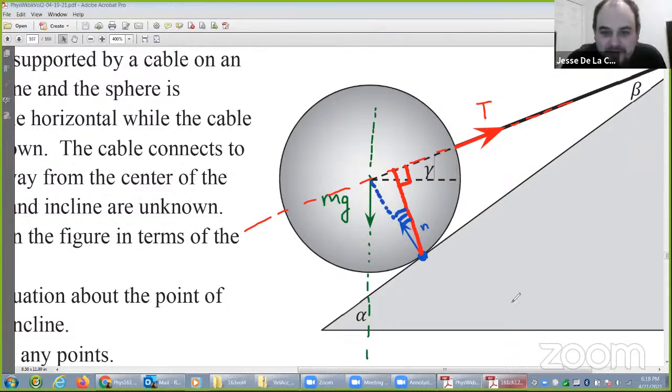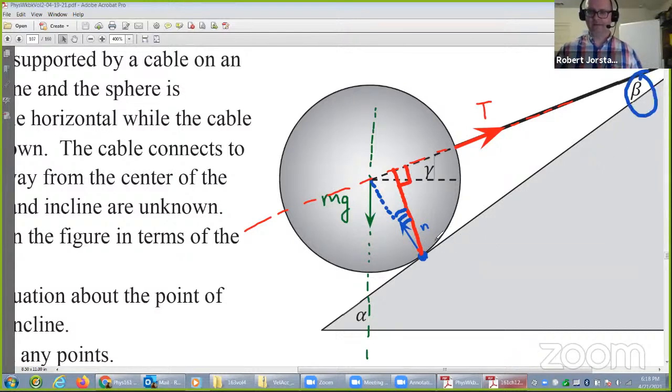That'd be the Y. I forgot the name. Gamma? I don't think so. If this is beta, this is 90 minus beta, which leaves beta for this. You see it?